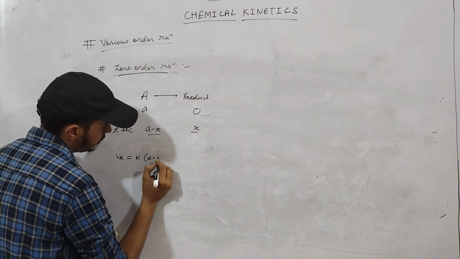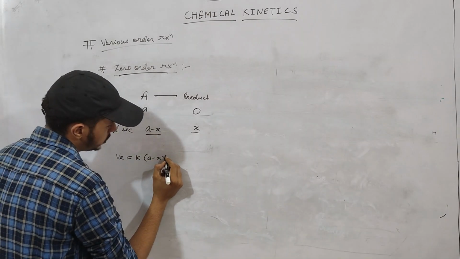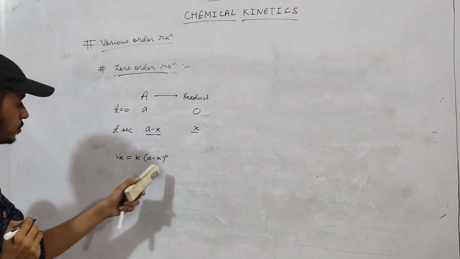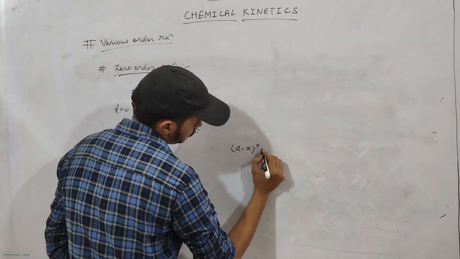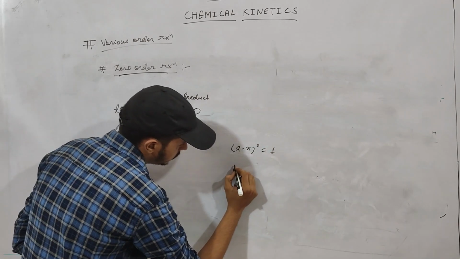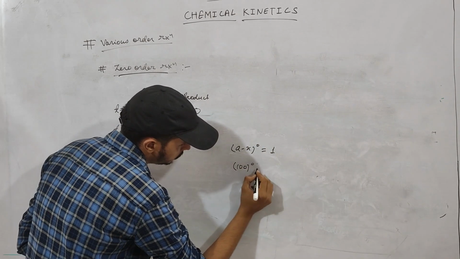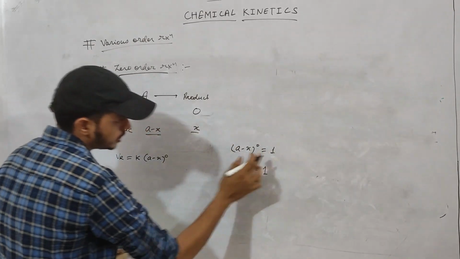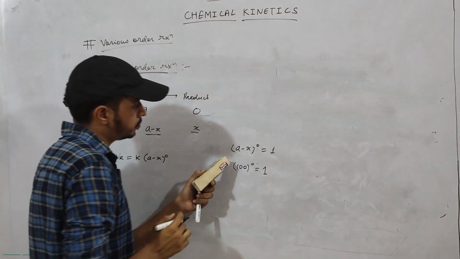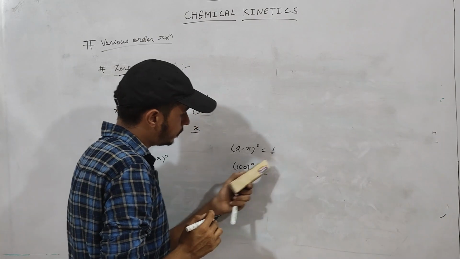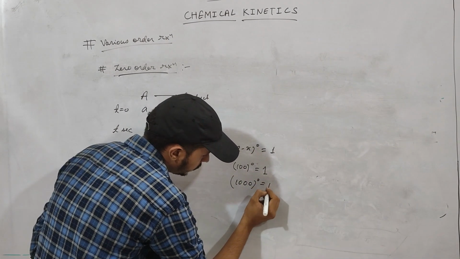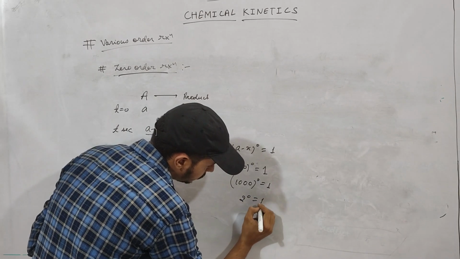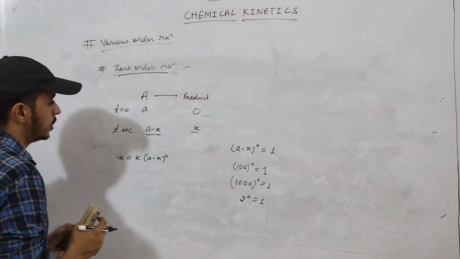So the power will become 0, and any number with power 0 always becomes 1. If 100 power is 0, it becomes 1. If 1000 power 0, it becomes 1. If 2 power 0, it becomes 1. So always it will come 1.